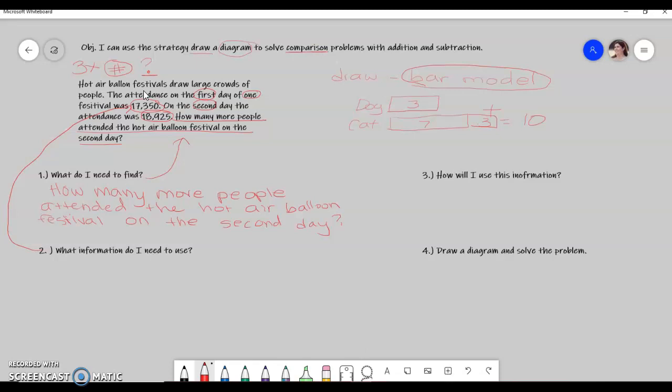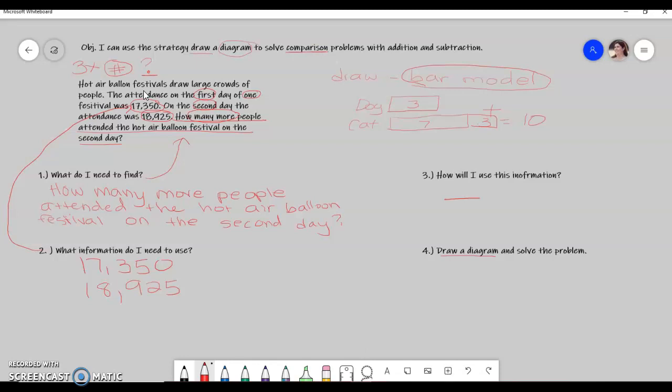But we know that we need to use these two numbers, 17,350 and 18,925. And then it says, how will I use this information? Well, look, on the question, it said, how many more? That's a key word. So that means we're going to subtract. We're going to minus. So now it says, draw a diagram and solve the problem.